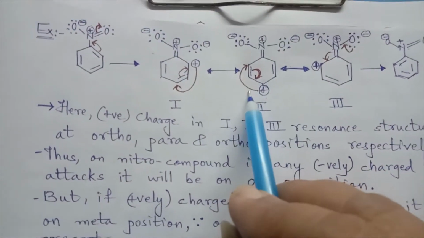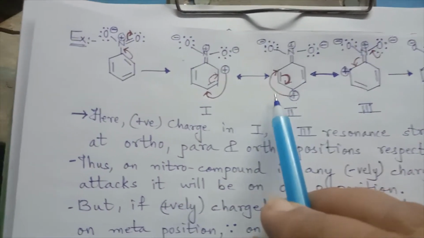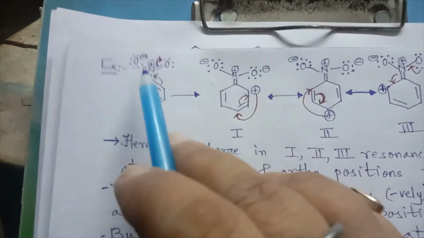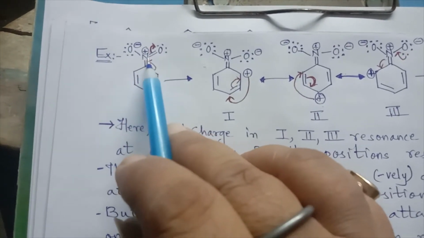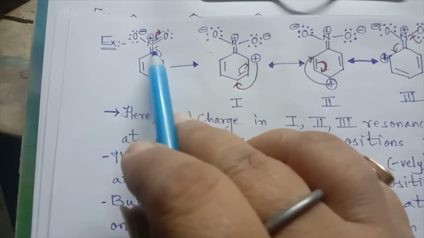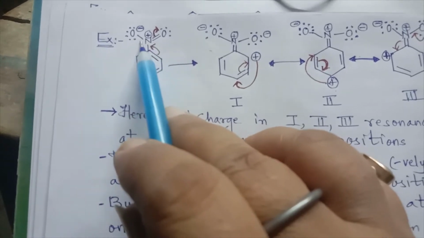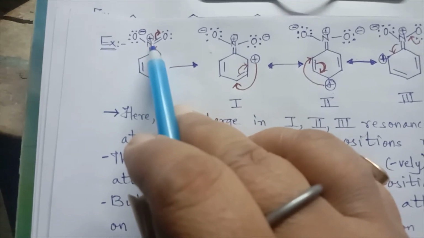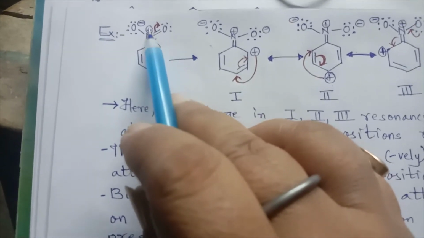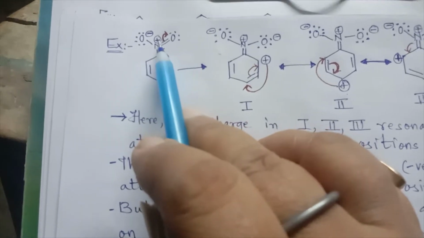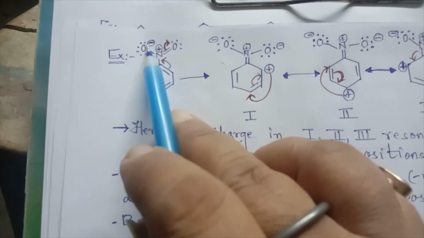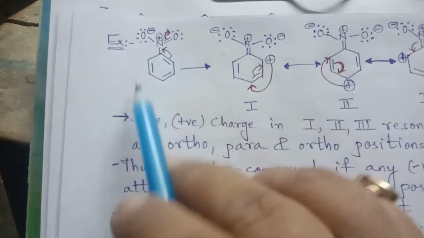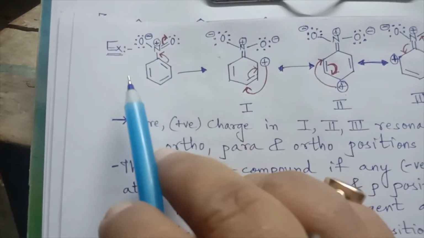In this effect, we have to keep in mind that the plus charge and negative charge are already there, because nitrogen has to satisfy its valency, right? 1, 2, 3 and 4. So it has donated one more electron, so the positive charge will be here, and here, yes, more than 2 lone pairs are there on the oxygen, so it will acquire negative charge. This also we have discussed.